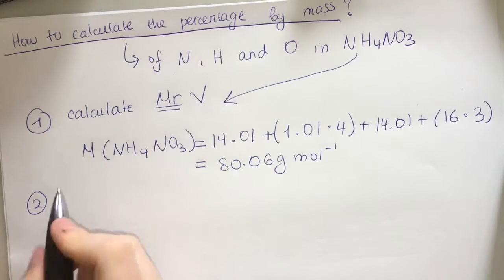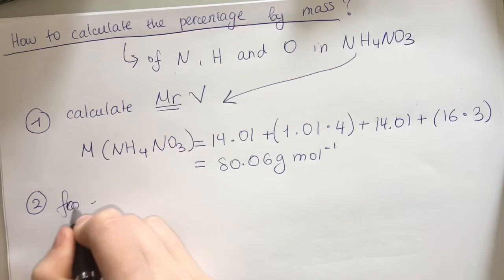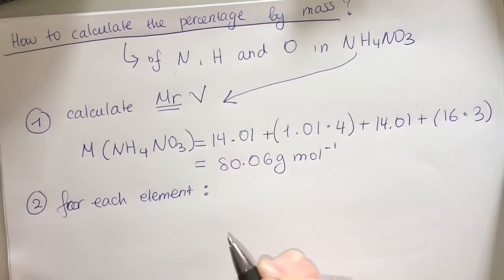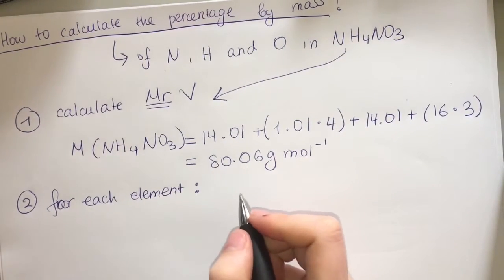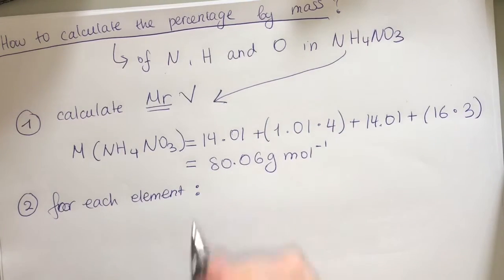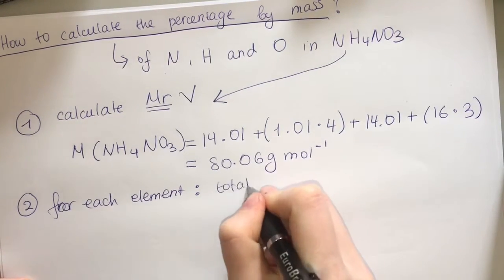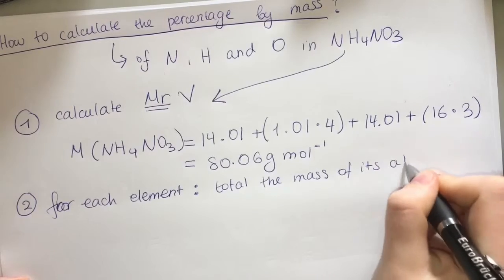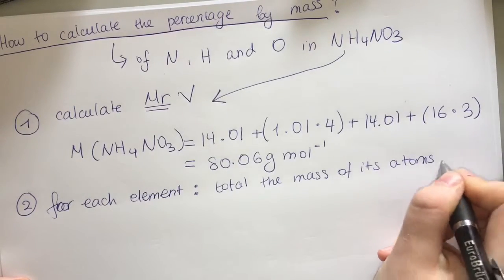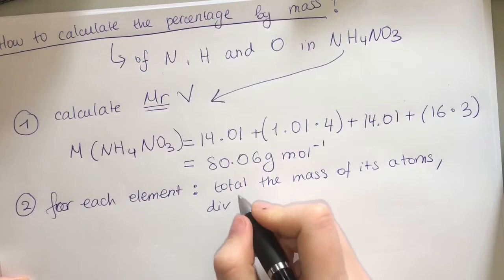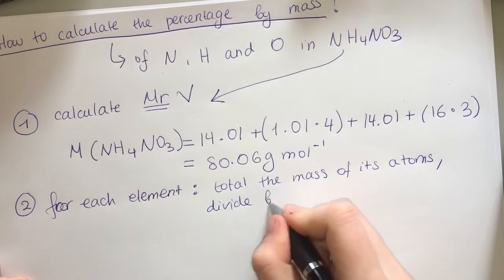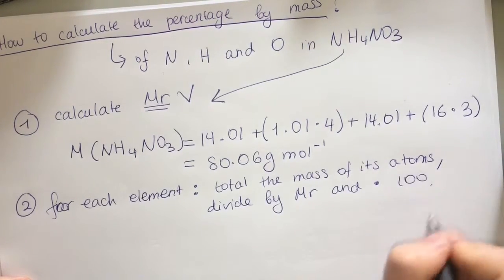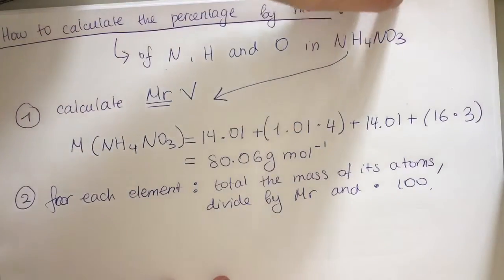For each element, you need to take the total mass of its atoms, divide by the molar mass that we found in step 1, and multiply by 100. So this would be your method of how you would find it.